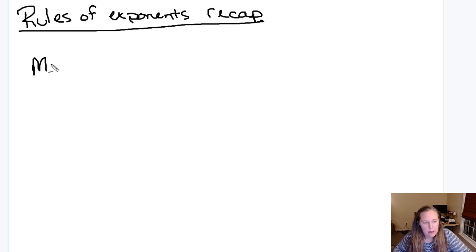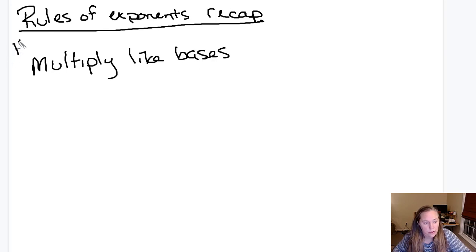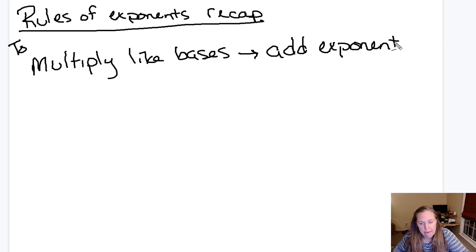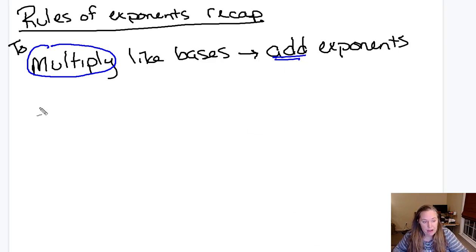When you multiply like bases, in order to multiply like bases, you can add exponents. And so if you're multiplying like bases, the exponents get added. If you're dividing like bases, and this kind of makes sense, right?